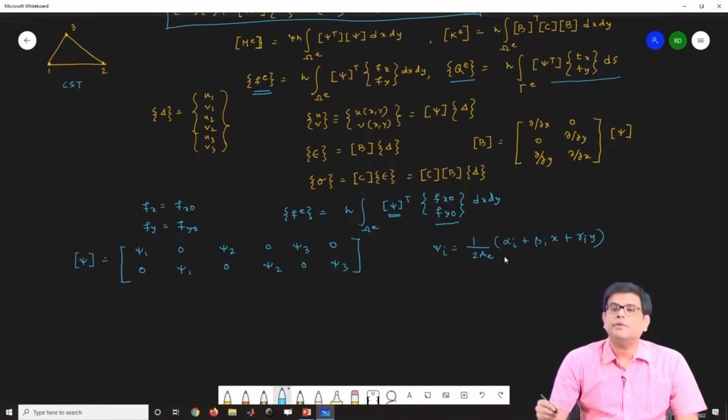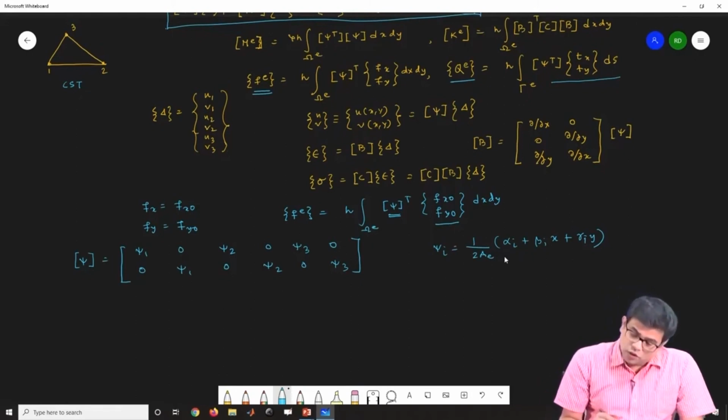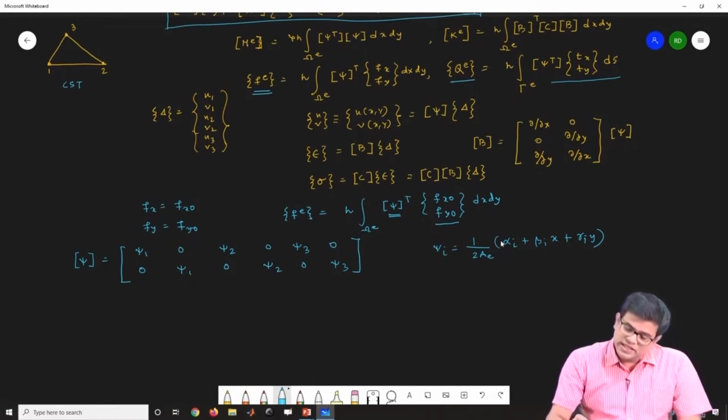Now alpha I, beta I and gamma I, we know that alpha I is yi xi, like that we can find out. So if I integrate it, it's a linear function because this psi matrix is linear in x and y.